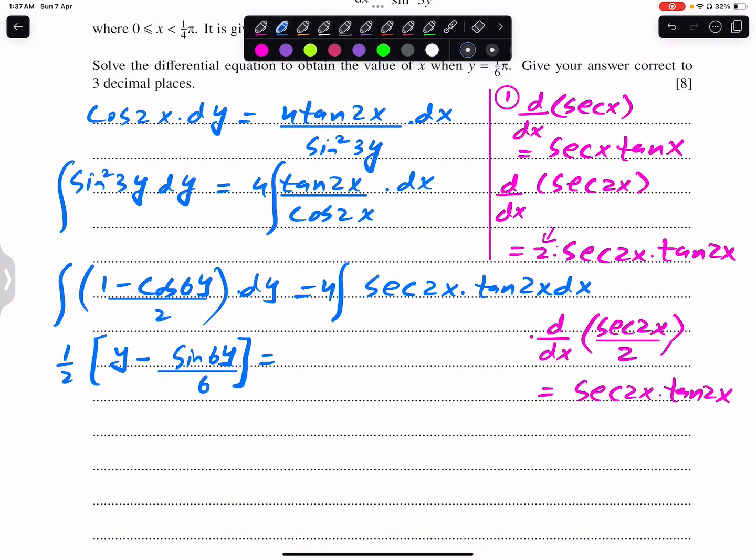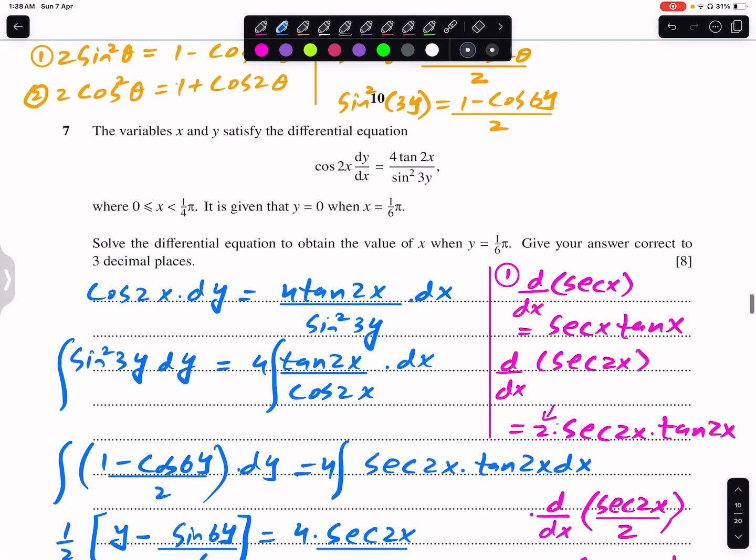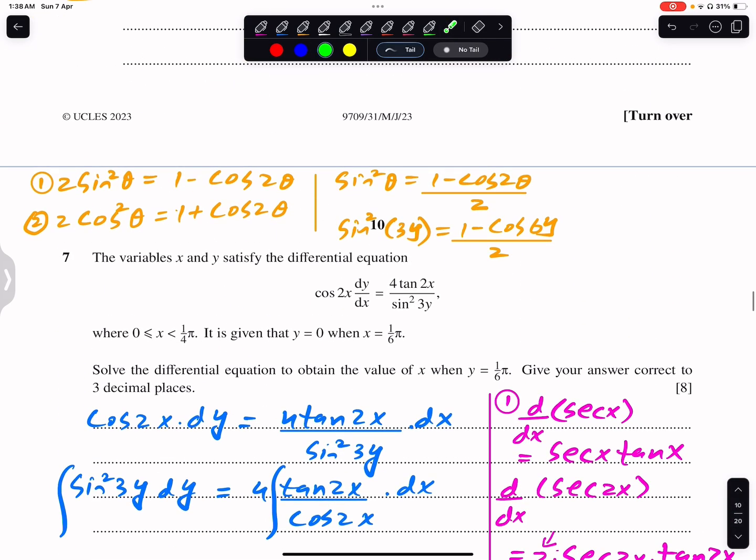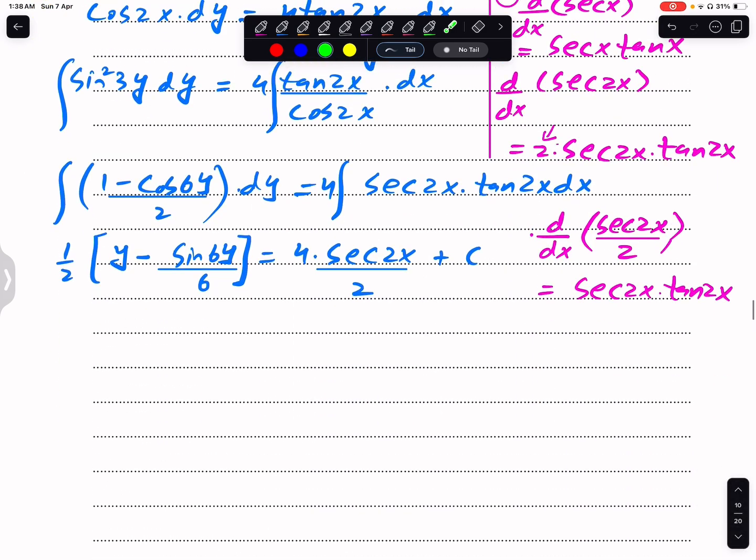So we will write the integral of secant 2x tan 2x will be secant 2x divided by 2, and then plus the constant of integration. You will always add it on the side of the denominator, where the denominator variable is x, so you add the constant in x, on the right side.